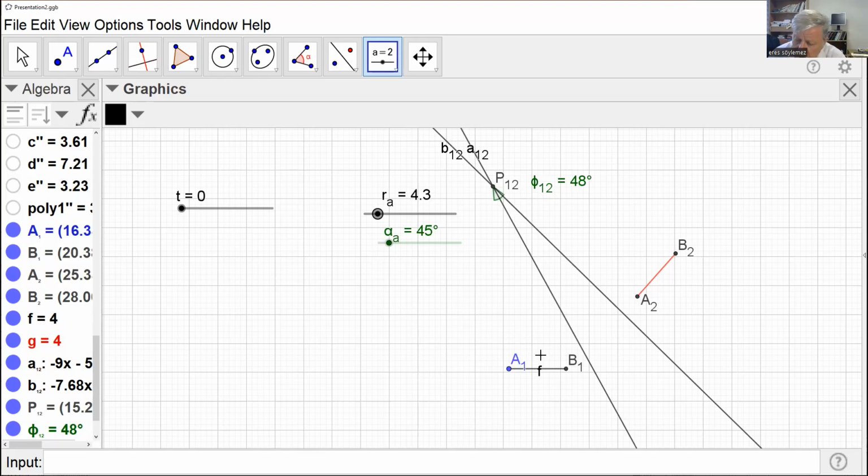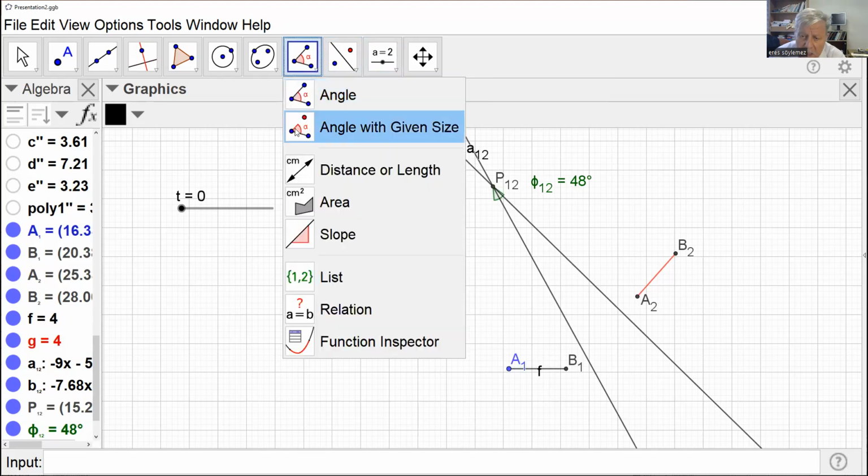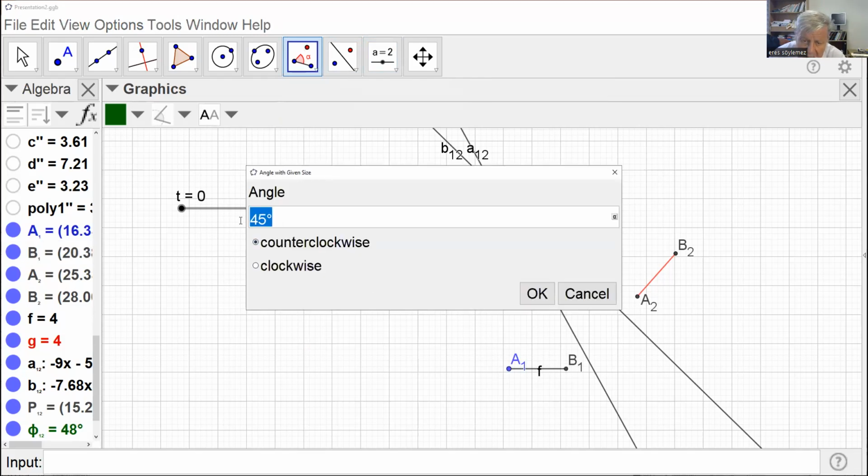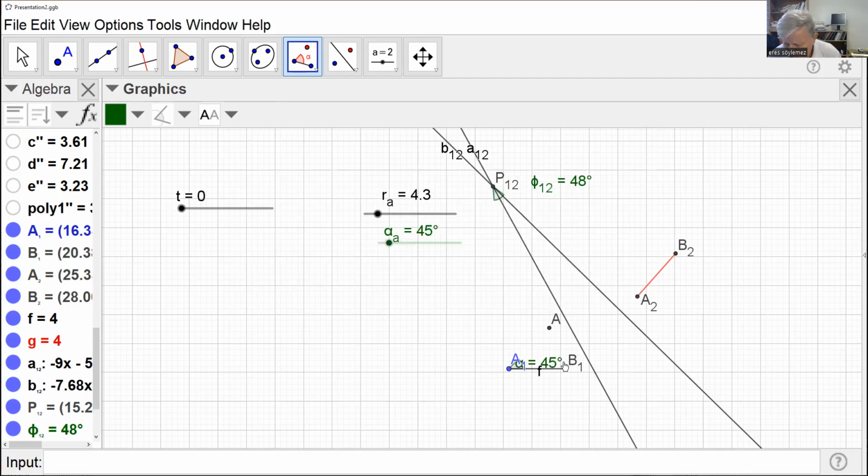Okay. If this is A1, B1, I don't know whether it's horizontal or not. What I will do is measure an angle alpha dash A from that line A1, B1. It rotates like that.